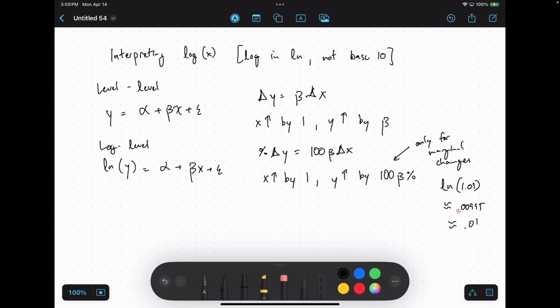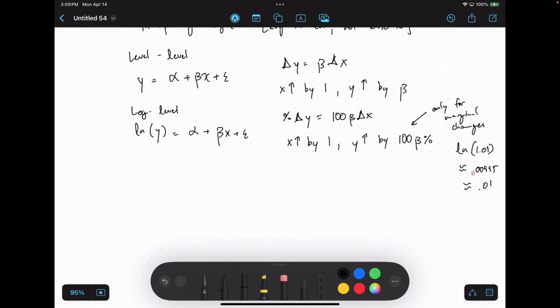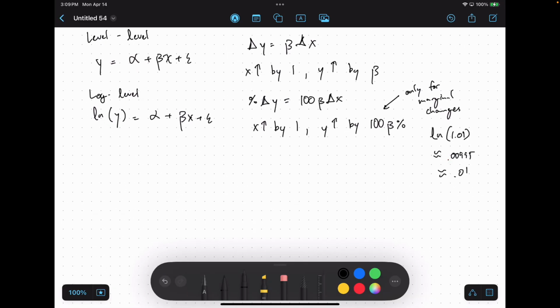So if you are dealing with log-level, there's this handy little shortcut that lets you do these interpretations. So let's continue on and see what the analogy would be.